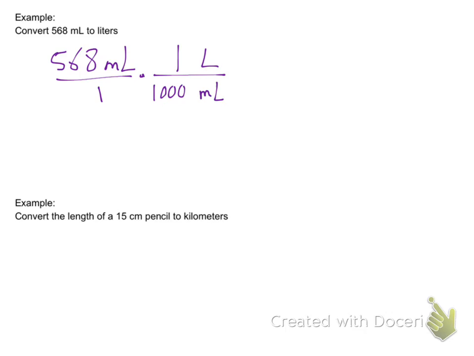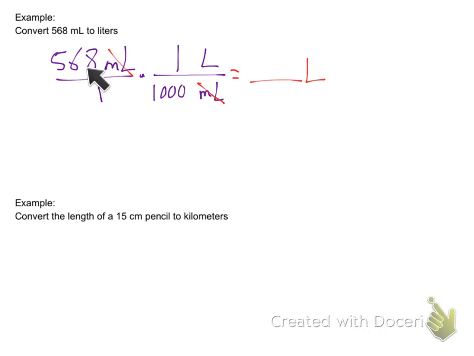Guys, what happens before I even do any multiplication is that milliliters will cancel with milliliters here. My answer will end up in liters because it's the only units left. We did this last year. You should have done some of this, yes. Now, what this ends up doing, guys, listen.